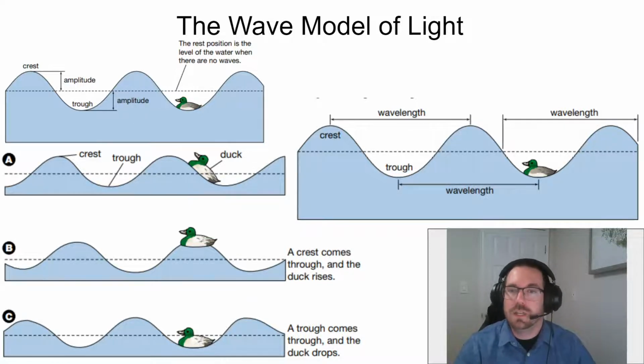The amplitude is, in this example and in others, a good indication of the amount of energy transmitted by the wave. The more the amplitude, the more energy is being transmitted. The more the amplitude, the bigger the waves are going to be on the ocean or on the lake. The rate at which the duck and water move up and down is then called the frequency.